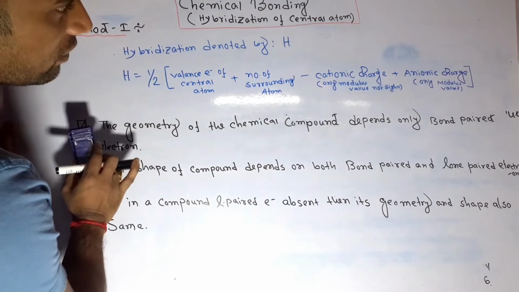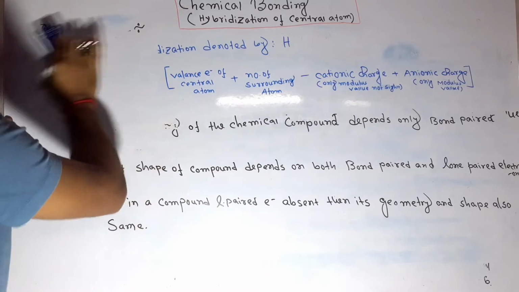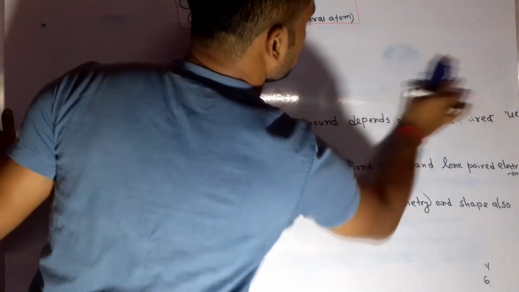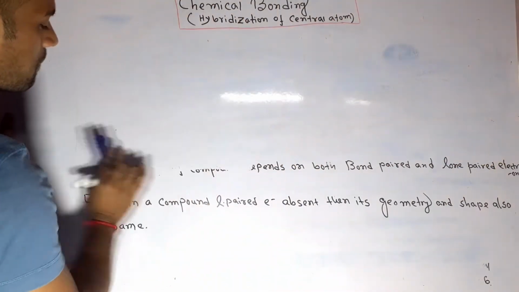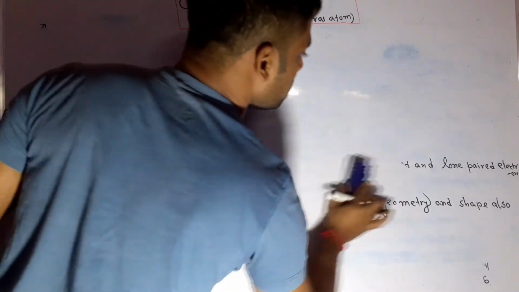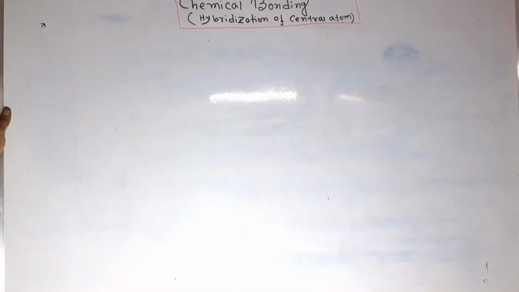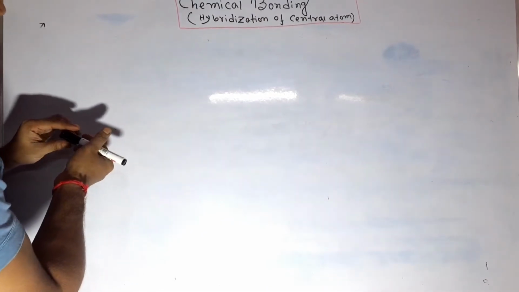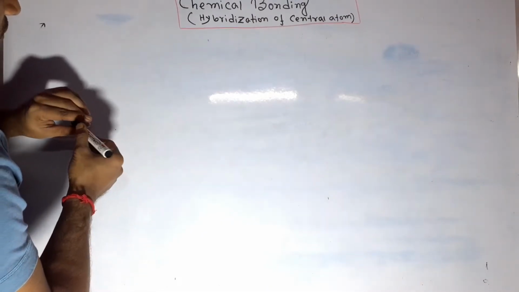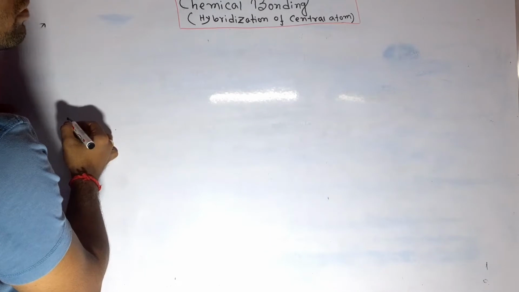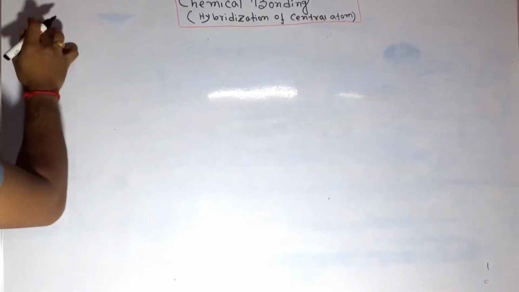We can write the VSEPR theory table on the board. This table must always be remembered for hybridization, and it can also help you in the hybridization process.